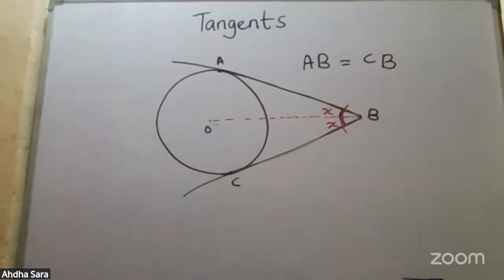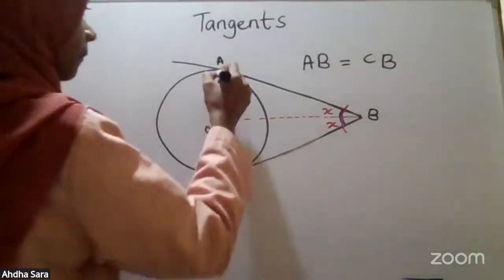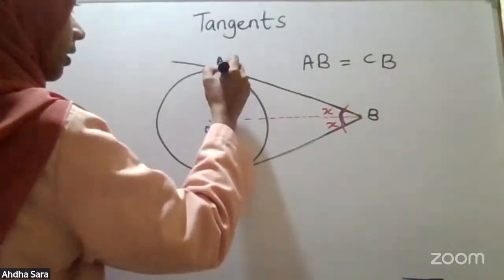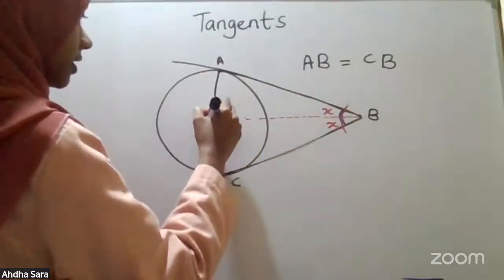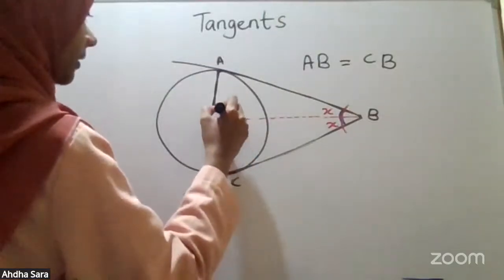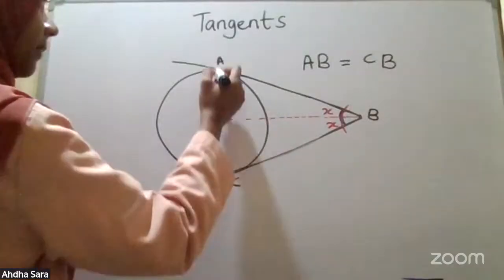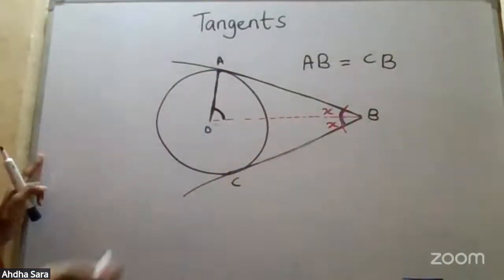And you have another theorem. The tangent AB subtends an angle here.